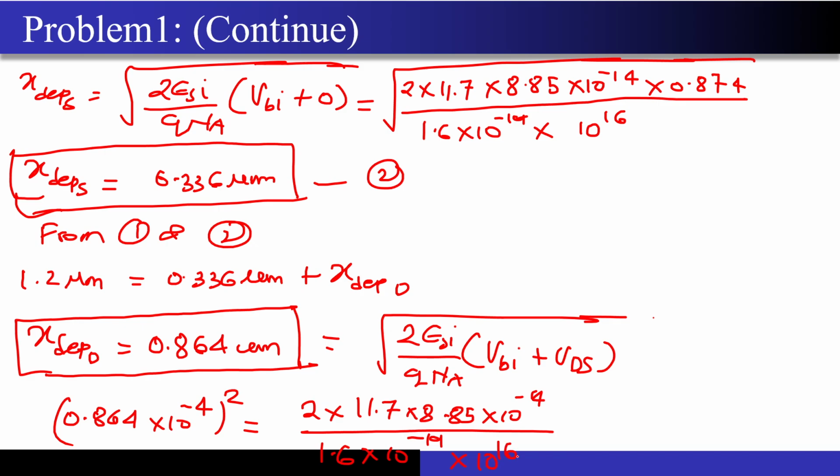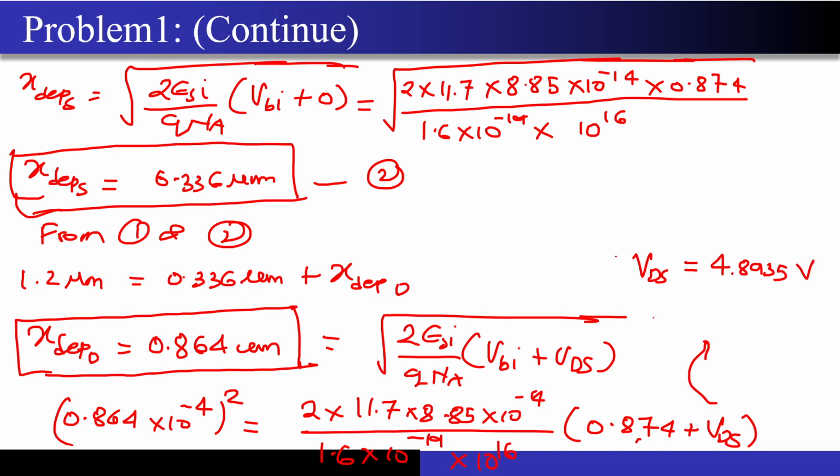Na is again 10 to the power 16, into VBI we have already calculated, 0.874 plus VDS. Now this big equation you guys have to solve, okay? The answer after doing the final calculation will be the VDS value that you will be getting. It will be close to 4.8935 volts.